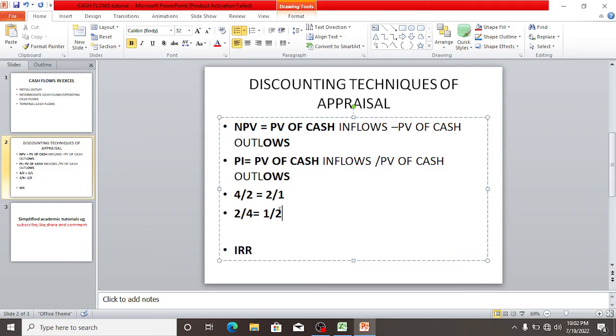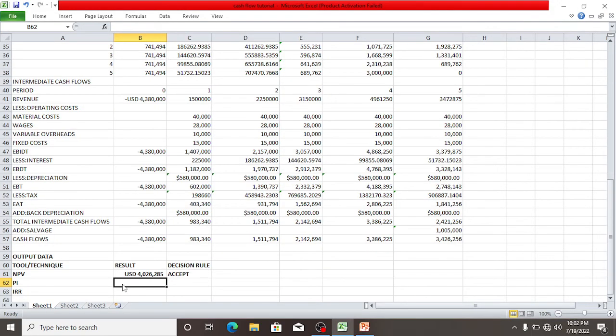So before the decision rule, let's first calculate the profitability index. We have seen the formula is going to be equal sign, open the bracket, the sum of cash inflows. Let me start with this.